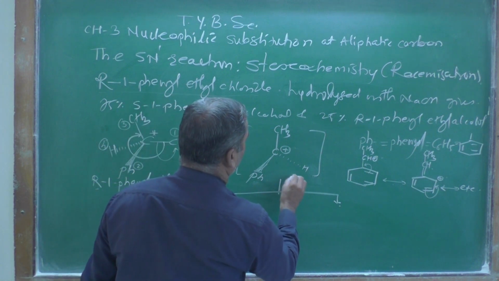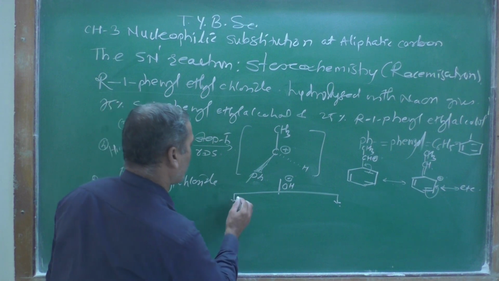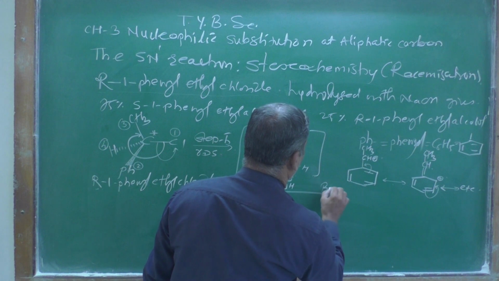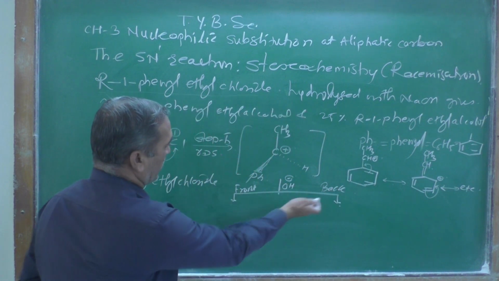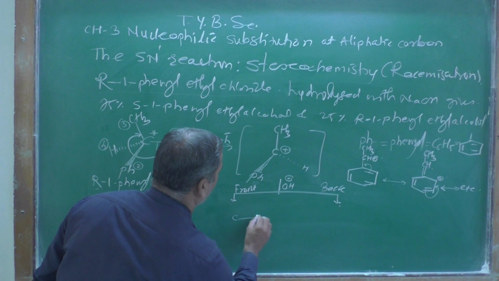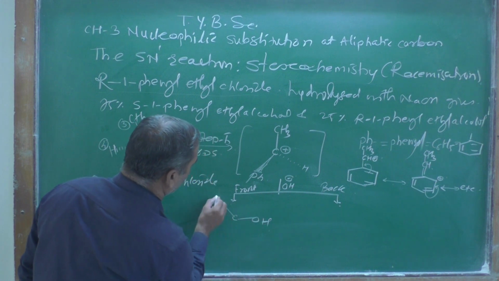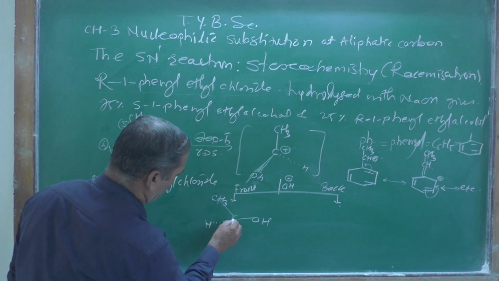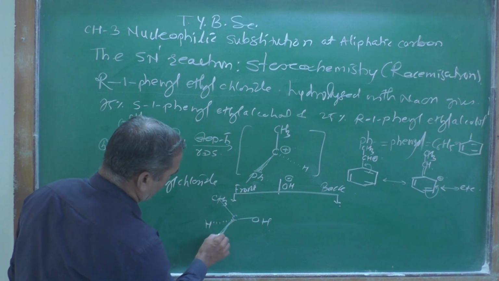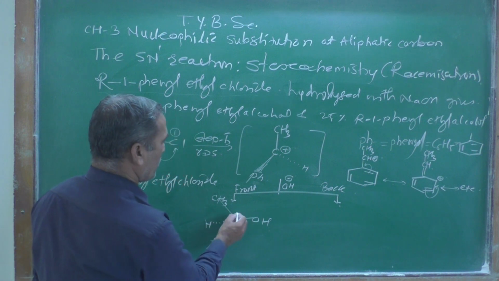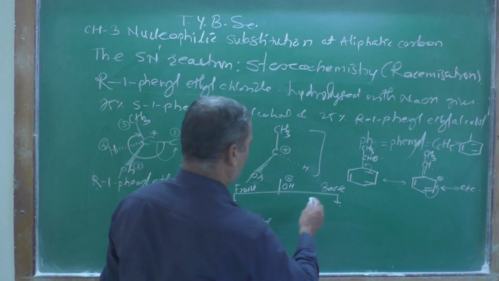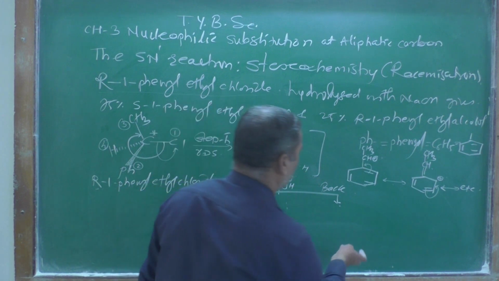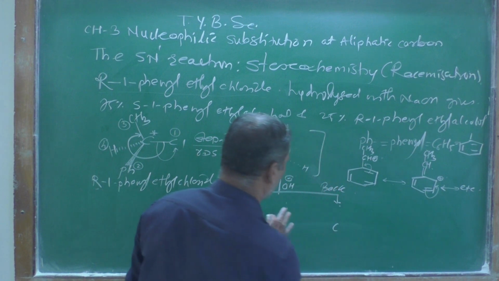This is the OH minus nucleophile attack, from the front side as well as the back side. When it attacks from the front side, we get a product like this: the methyl group over here, the hydrogen atom here, and the phenyl group here. This is a chiral carbon, as we know. And if you put a mirror over here, you can look at it, that's why I am showing here.